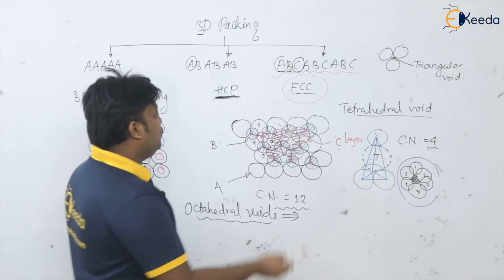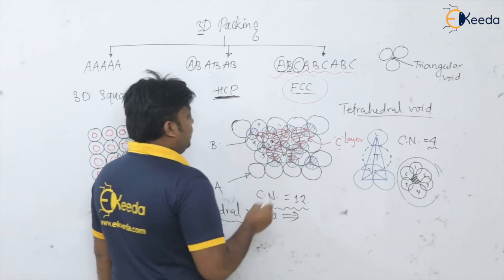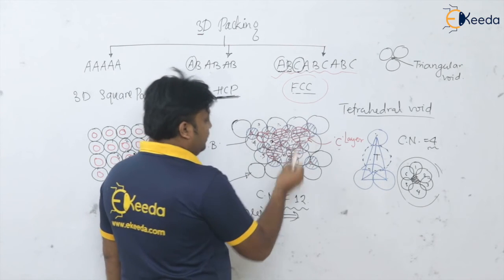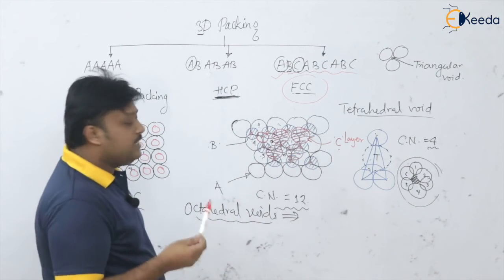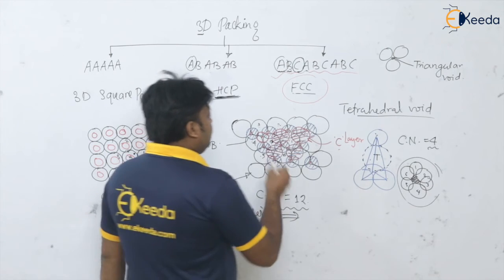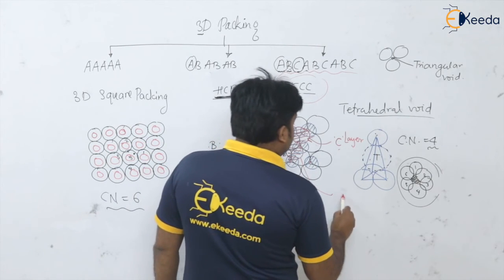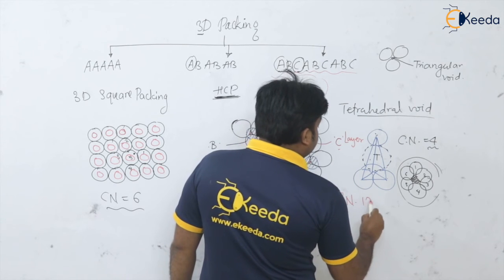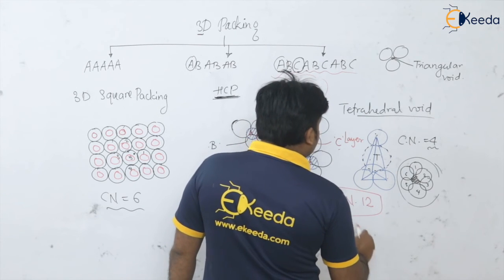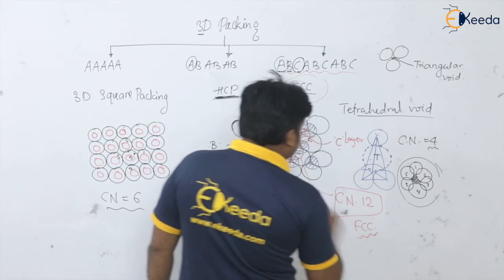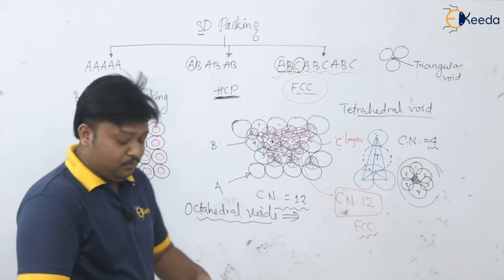And of course, if you look at the coordination number for FCC also, if you draw this diagram nicely and calculate, you will find it once again to be 12. It will be 12 again for the FCC. Please remember this. Very, very important.